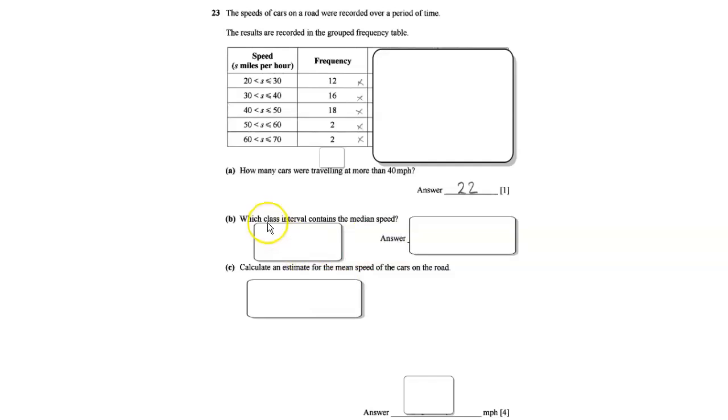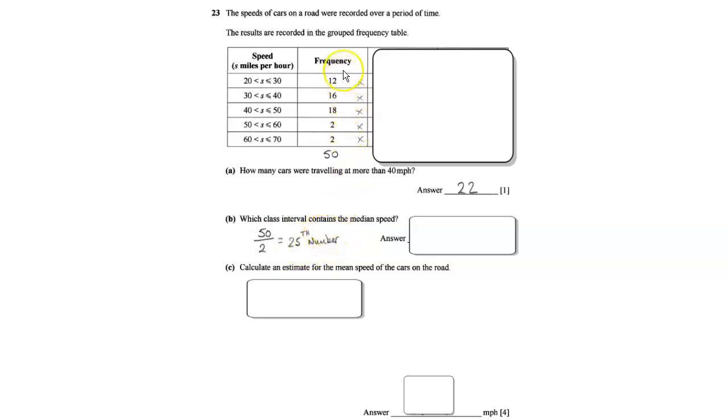This one here says, which class interval contains the median? First of all, to get the median, we add our frequency, which is 50. We take that frequency and divide it by 2, which becomes 25, so we're looking for the 25th number.